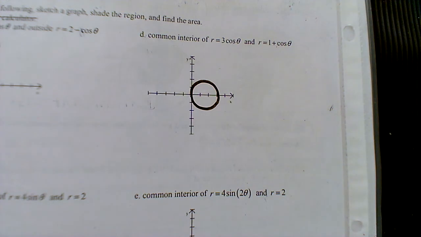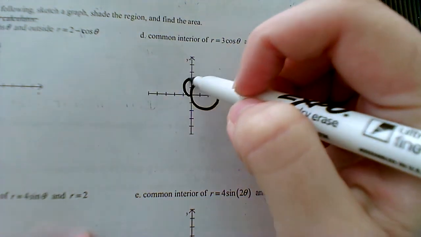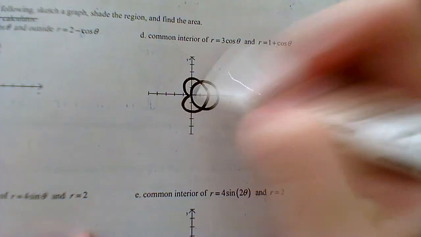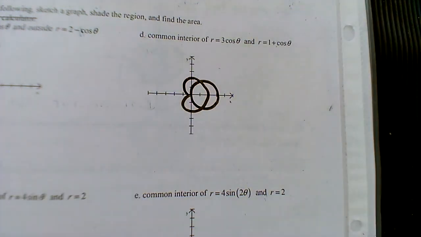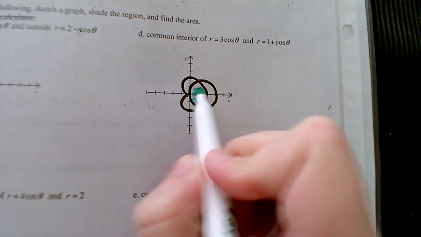So 1 plus cosine would probably be another cardioid shape just on the x-axis. So maybe something like that. You could use your calculator though to help you out. All right, so we want the common interior. That's probably this section here.